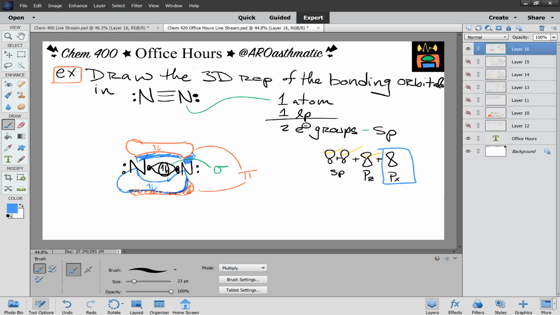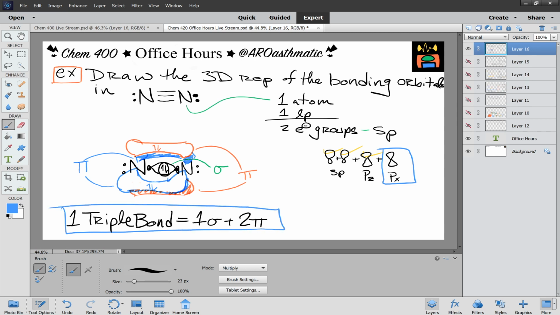And this is our second pi bond, the 2 lobes of our second pi bond. So here, in the molecule of N2, we have 1 triple bond, which is made up of 1 sigma plus 2 pi bonds. Altogether, these are the individual pieces that make up that triple bond.